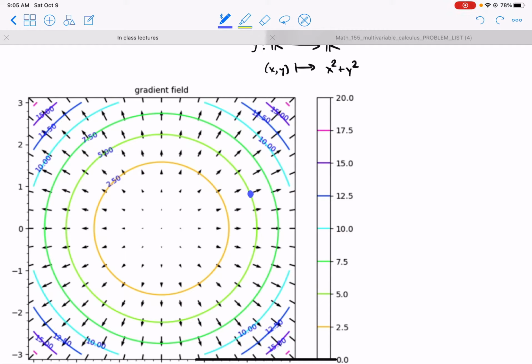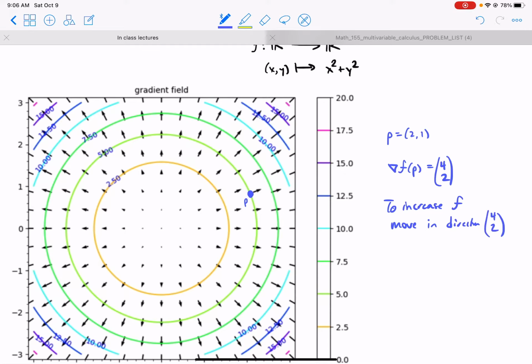So if this is the point p equals (2, 1), then the gradient of f at p is the vector (4, 2). We calculated that before. And it's telling us to move that way. To increase f, move in direction (4, 2). Okay? That's what it's telling us.